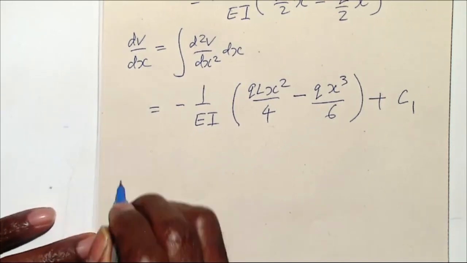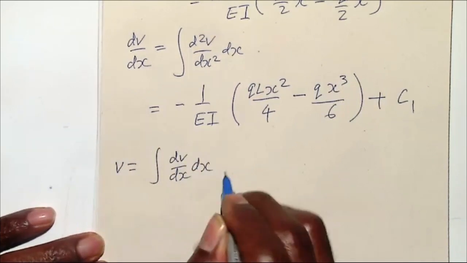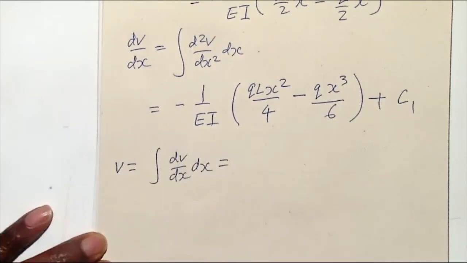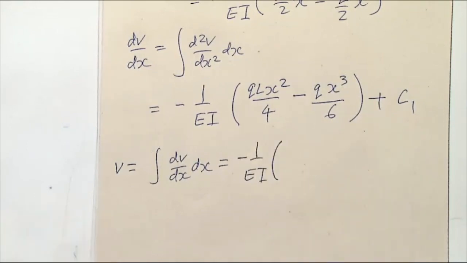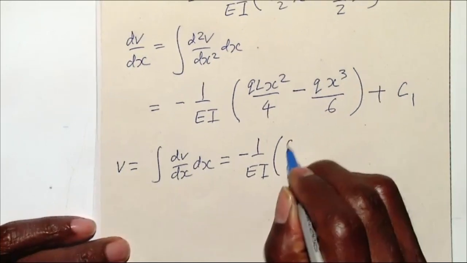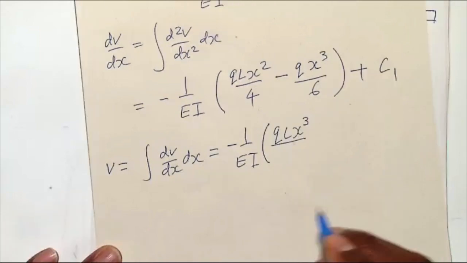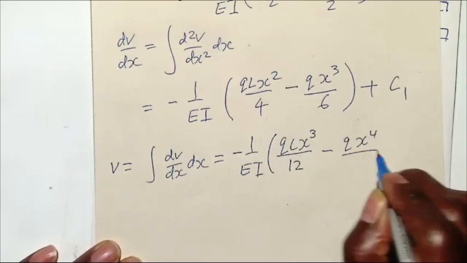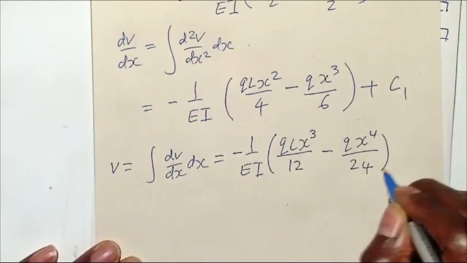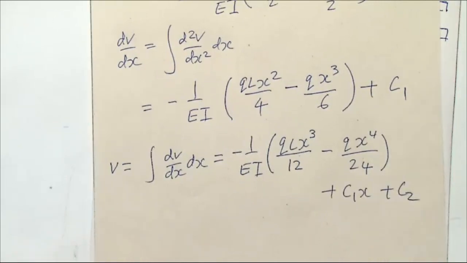I will do the second one. I want to find V equals the integral of dV dx equals minus 1 over EI, and then I want to integrate what is in that bracket. What would that be? That would be QL x cubed over 12 minus Q x to the 4 over 24 plus C1 x plus C2.